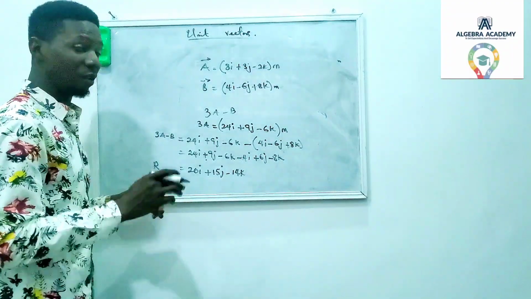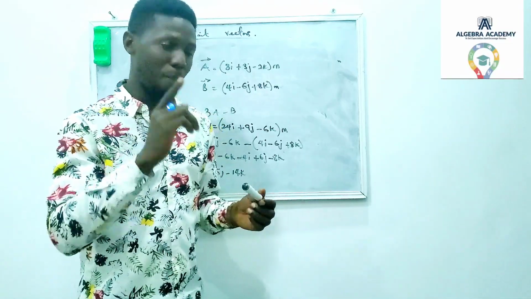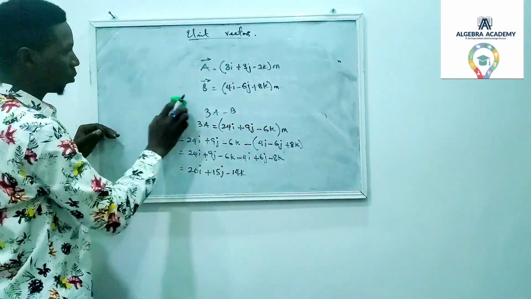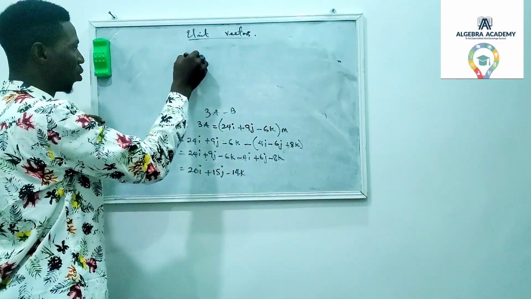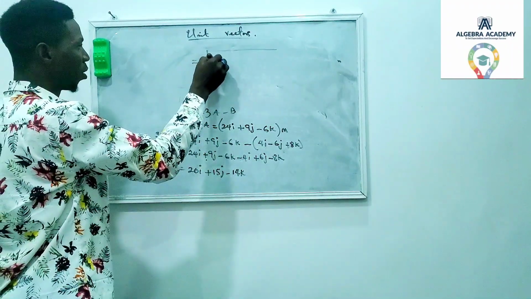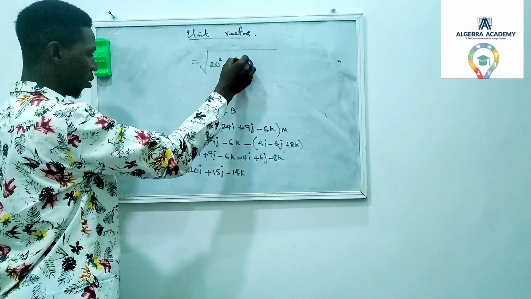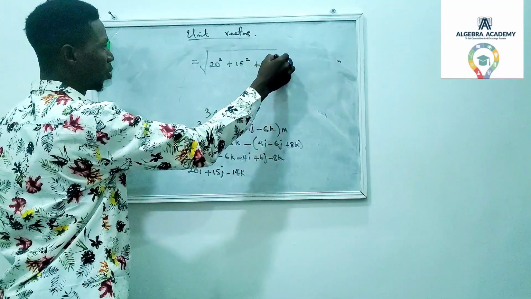And the question says, find the magnitude. Be careful. Find the magnitude. So we're going to find the magnitude of this by saying the magnitude is equal to the square root of 20 squared plus 15 squared plus open bracket minus 14 squared.